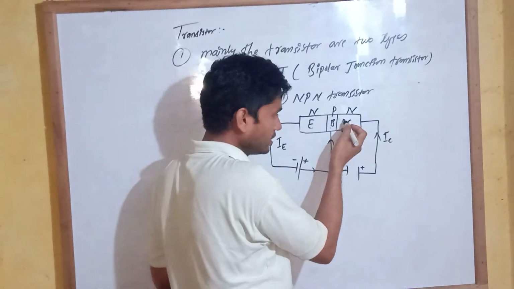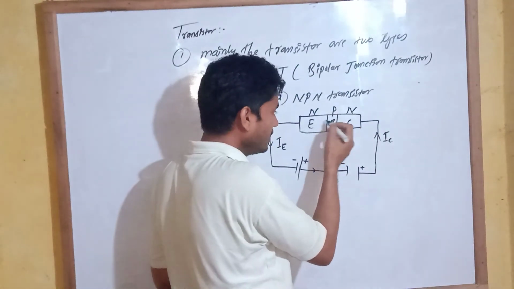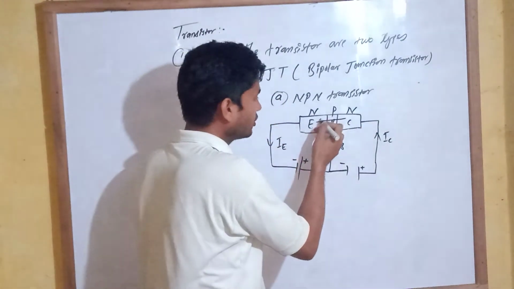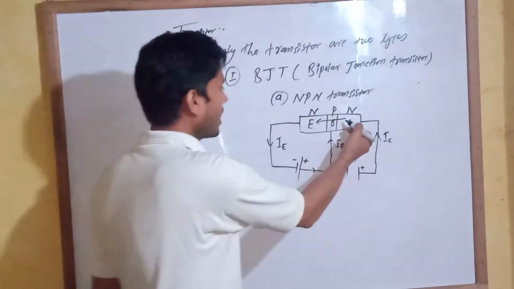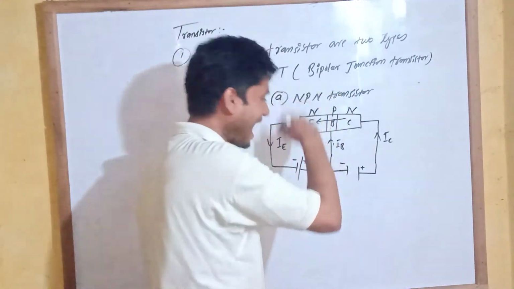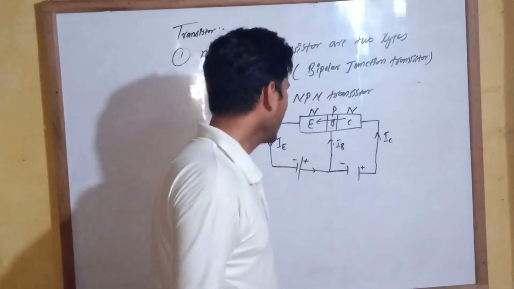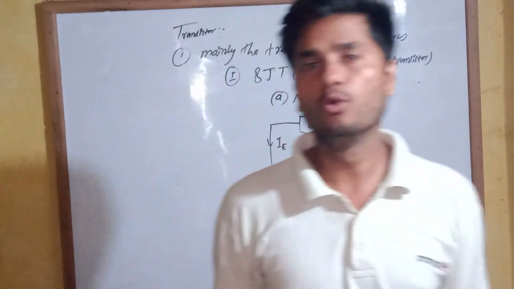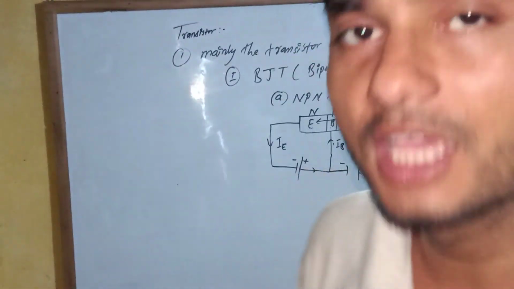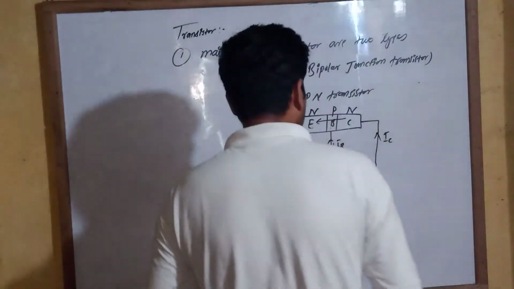They transfer from the base and finally reach our emitter region. So the holes pass from there, and the hole is the majority charge carrier of our NPN transistor.